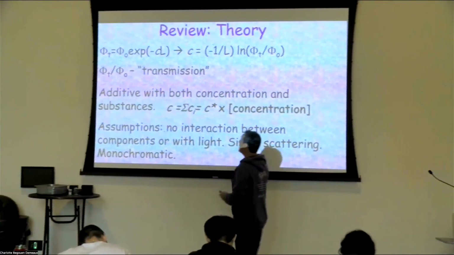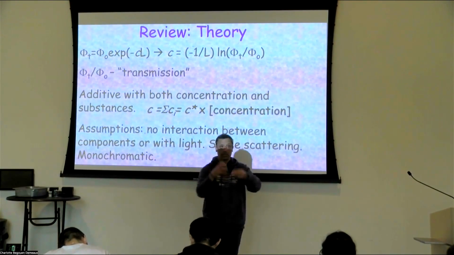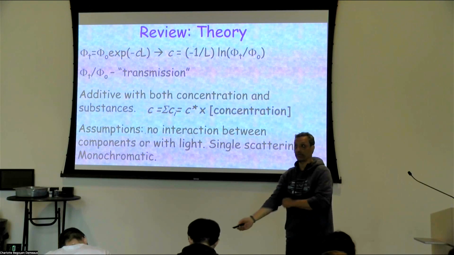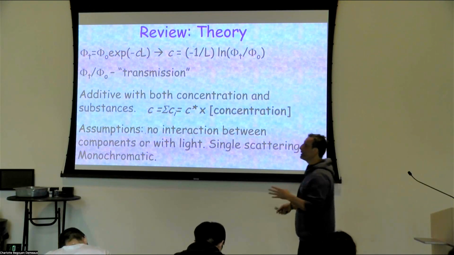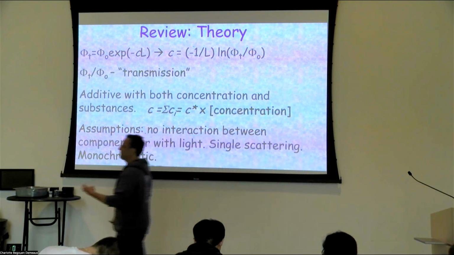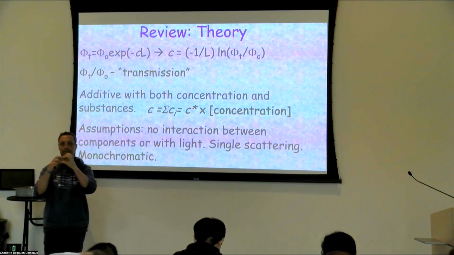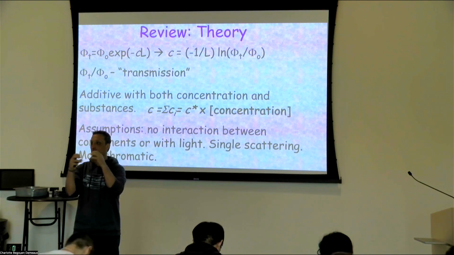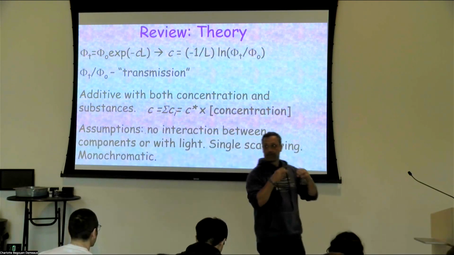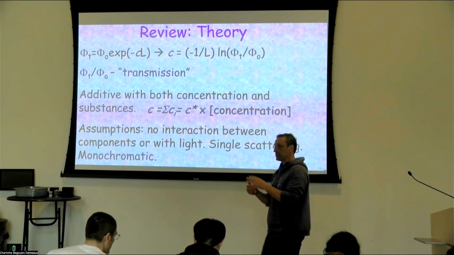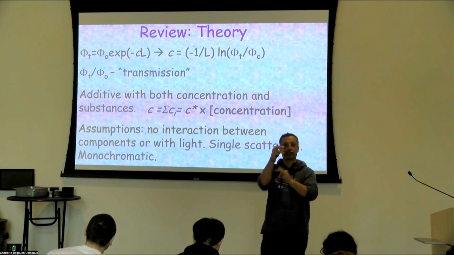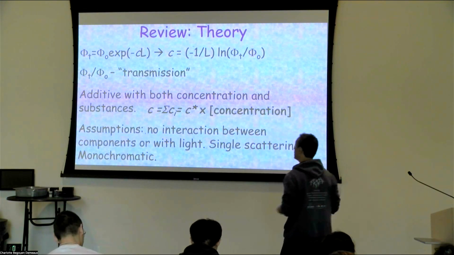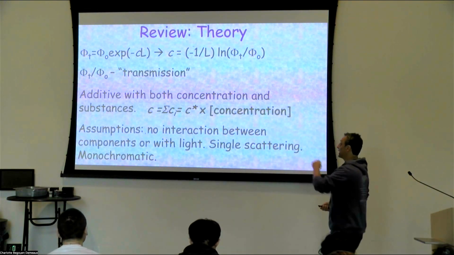One is that there's no interaction between the components; I can assume they're independent, one doesn't cause the other to behave differently. That's important because in a slab, if I look at light going through a slab, everything is attached, and there's coherent scattering between the elements. It's going to behave differently than a bunch of randomly distributed particles which are not interacting. So here we're talking about non-interactive material.